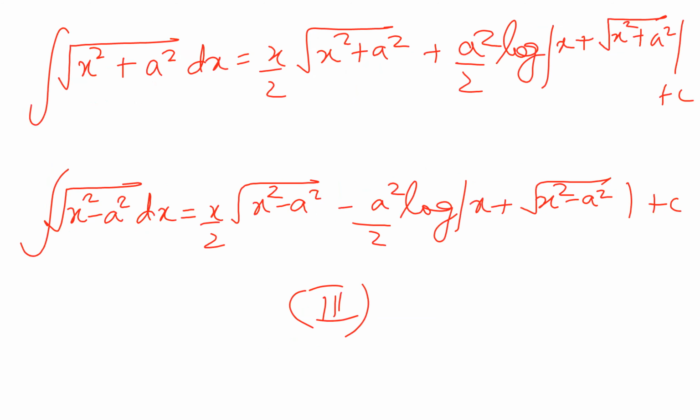And the third category, the root of x square plus a square dx is equal to x by 2 root of x square plus a square plus a square by 2 log mod x plus root of x square plus a square plus c, and root of x square minus a square dx is equal to x by 2 root of x square minus a square minus a square by 2 log modulus x plus root of x square minus a square plus c. Okay, so we had written this earlier, but then once again I have gone through this.